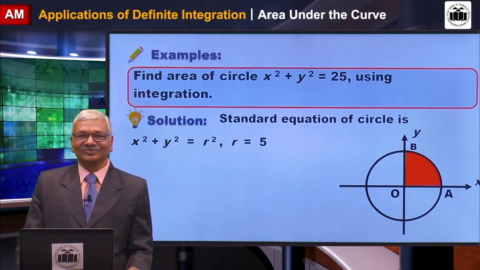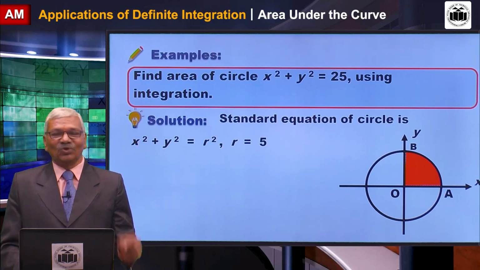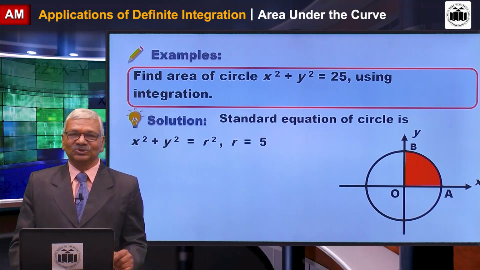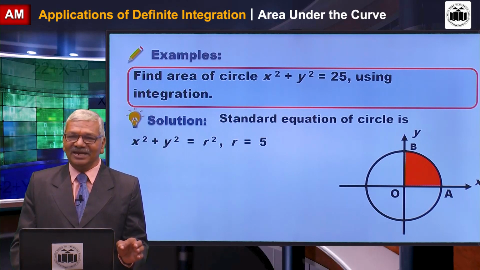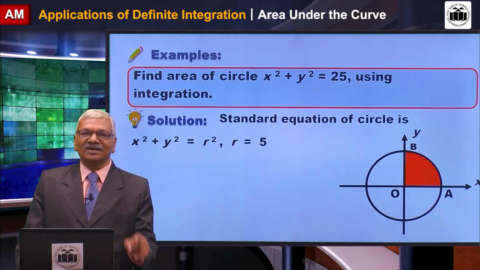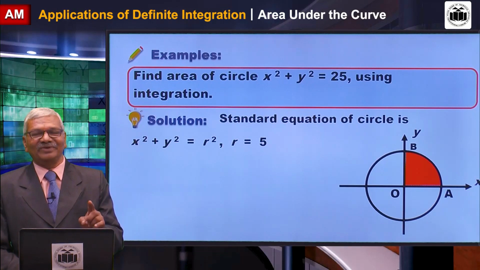What is the radius of the circle? Right, 5. So what is OA? The radius of the circle, which is 5. So what is x at point A? Absolutely correct, x is 5. So what are the limits of integration? 0 to 5. Right, very good.